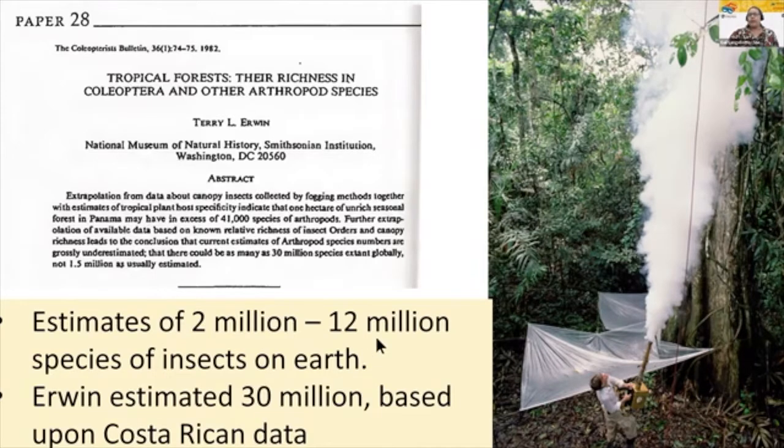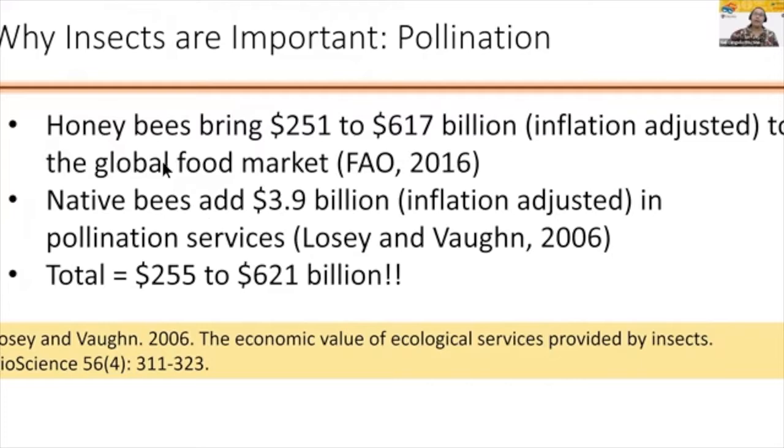Why does this biodiversity matter? It matters because we are critically dependent upon insects for just about every part of life that we enjoy. So of course, when many people think about the value that insects bring into their lives, you might think about the food that bees help to pollinate. And agricultural economists are actually able to value how much the pollination services of honeybees and native bees are worth.